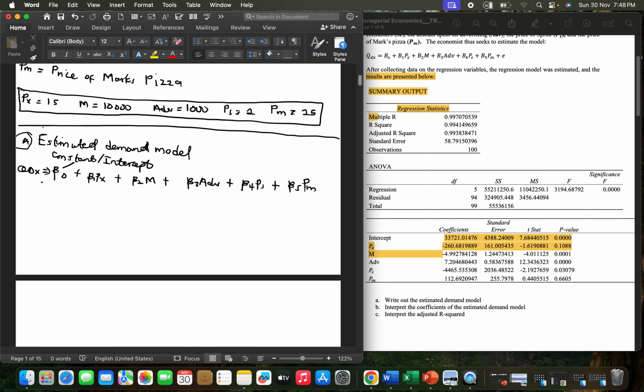So now let's start. The betas you see here, the px, m, advert, ps, those are the independent variables. So this is our dependent variable. I'm using it to explain the topic itself. Now beta 1, beta 2, beta 3, beta 4, beta 5, they are the coefficients, or what we call the parameter estimate.